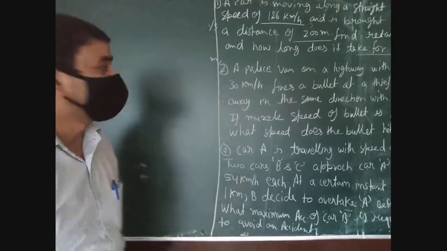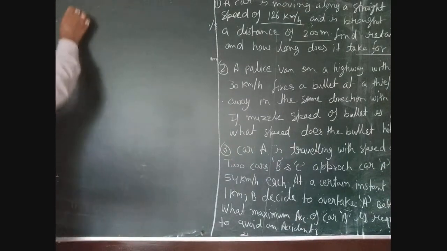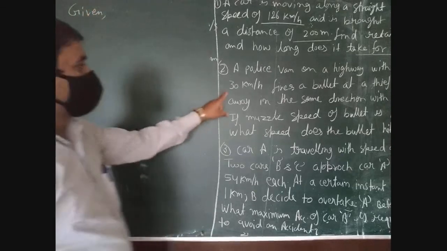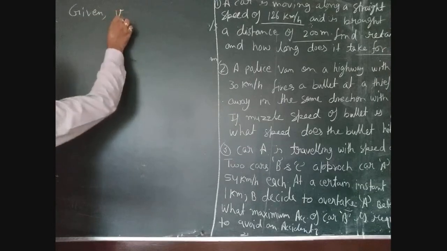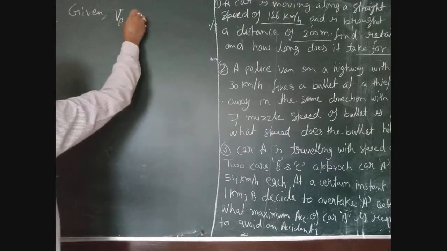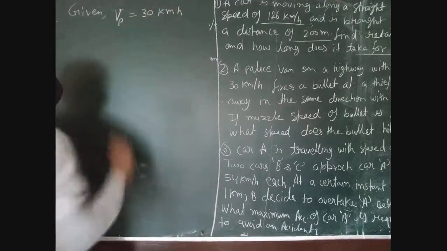Okay. So just see the solution. We have given that the speed of policeman, let's say policeman speed is Vp, it is 30 km per hour.